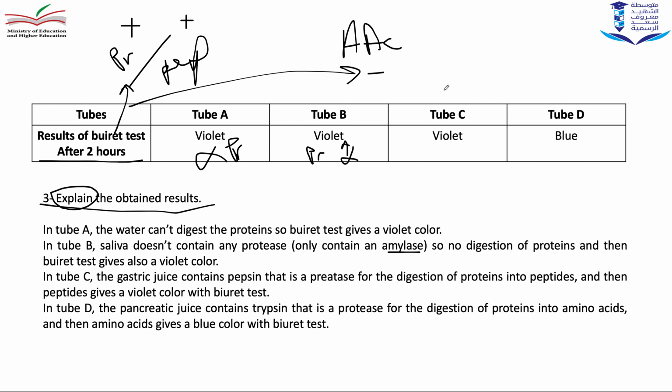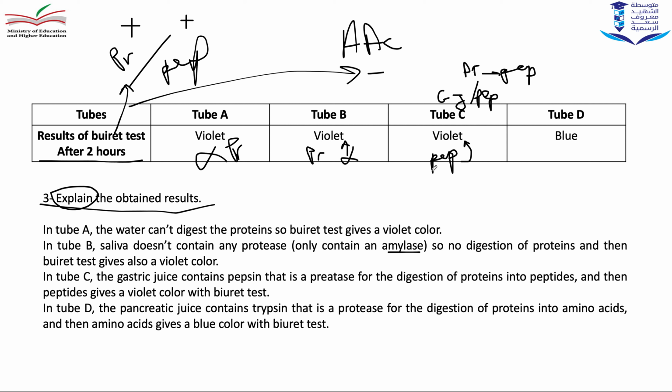In tube C I have gastric juice. Gastric juice contains an enzyme called pepsin. Pepsin digests proteins into peptides. So here the coagulated protein disappeared because it's digested into peptides. But what remains here? Peptides. And which color do peptides give with the biuret test?